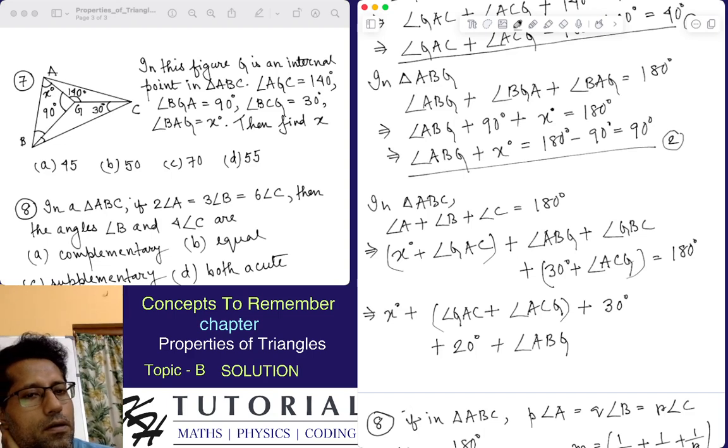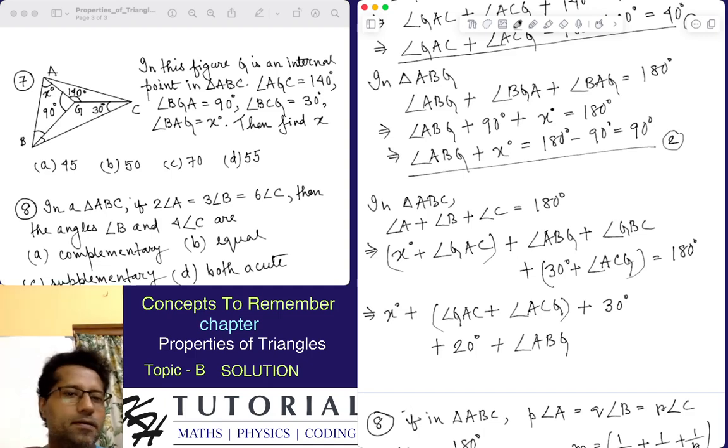This and this must be 90 degrees. Then find X. How can we find X?